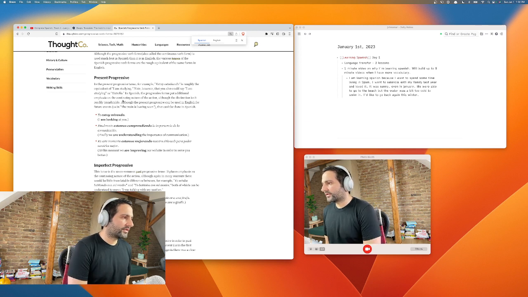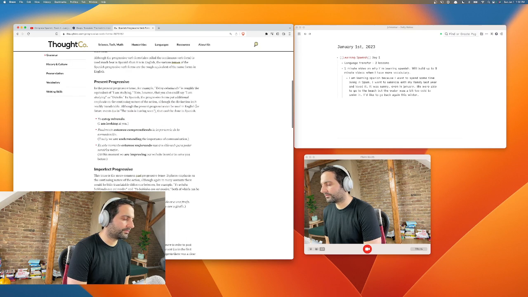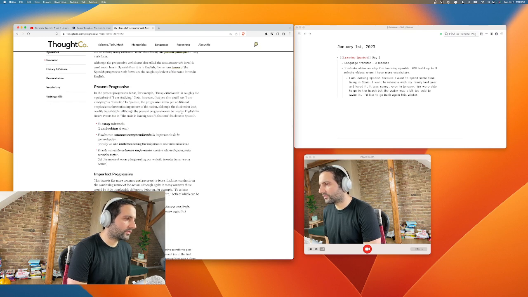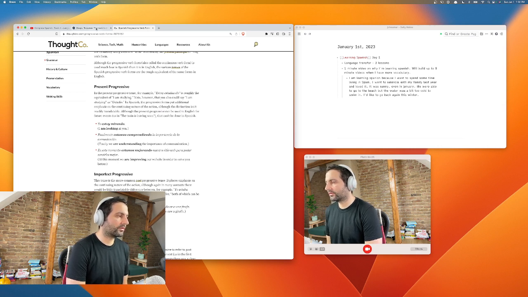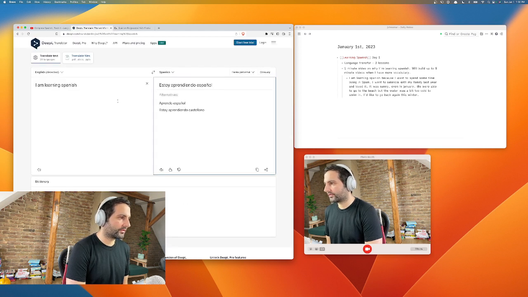Okay, so yeah, just as I thought, the progressive can't be used for the future in Spanish. You wouldn't say estoy aprendiendo español mañana. You'll say maybe aprendo español mañana.